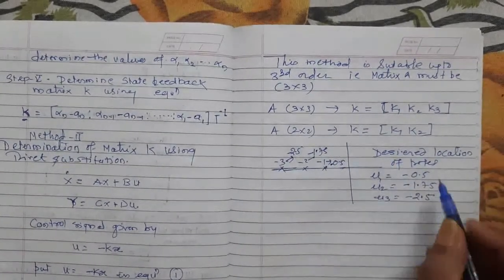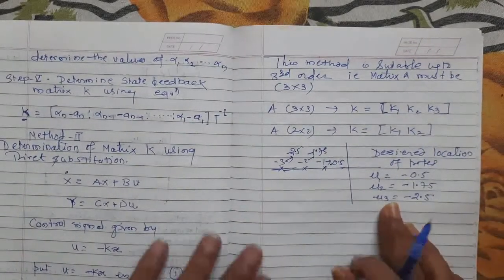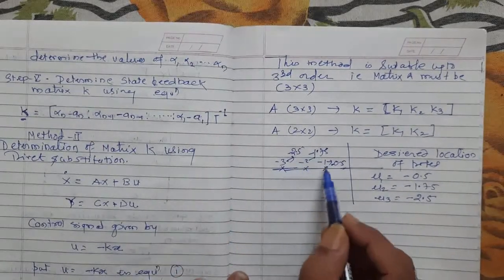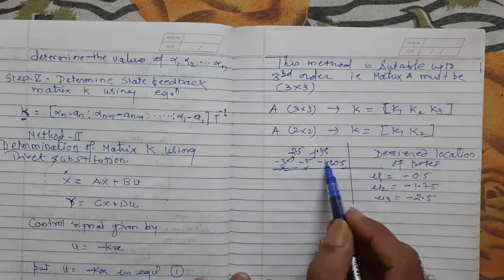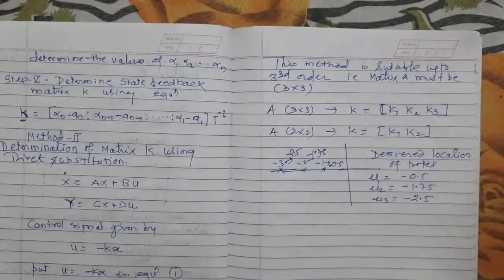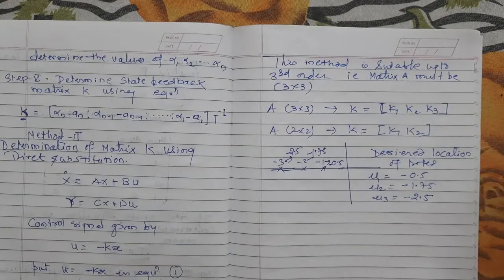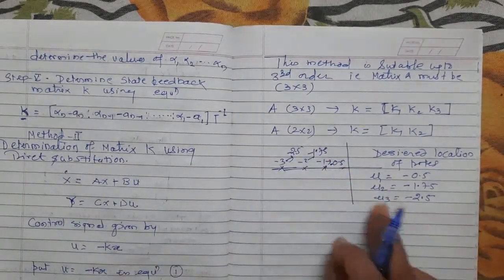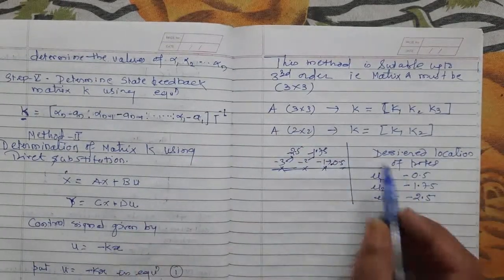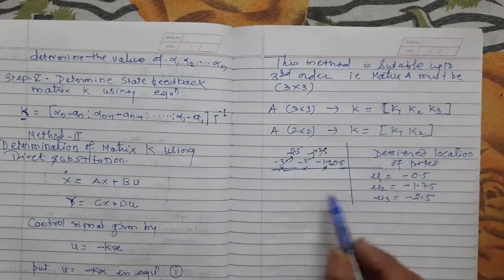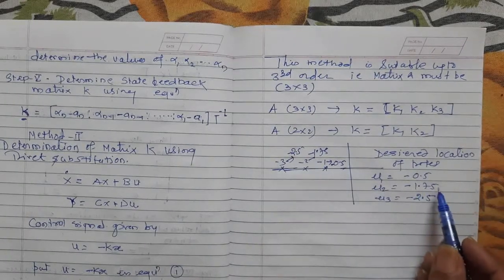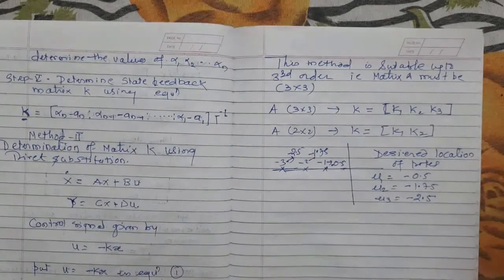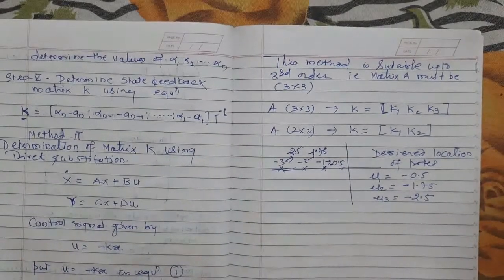This is my desired location. This is my initial pole of the system, the original poles of my system, that is -1, -2 and -3. Now I know that my system is controllable, my system is stabilizable. And then I want to change the position of my poles from -1 to -0.5, -2 to -1.75 and -3 to -2.5, by using the direct substitution method.